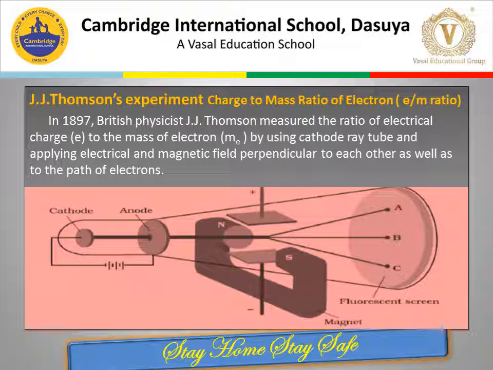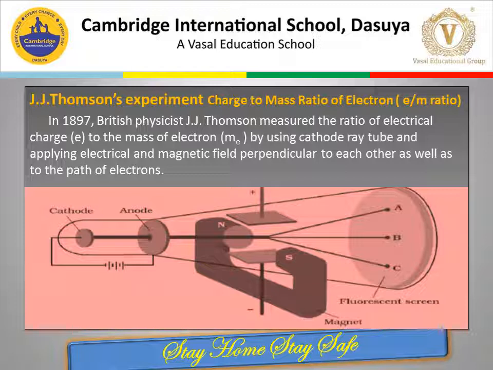The cathode rays are moving from left to right through the perforated anode, so that we get a beam of cathode ray only. That's why we have a small opening or hole at the center through which a beam of cathode ray travels in a straight line.